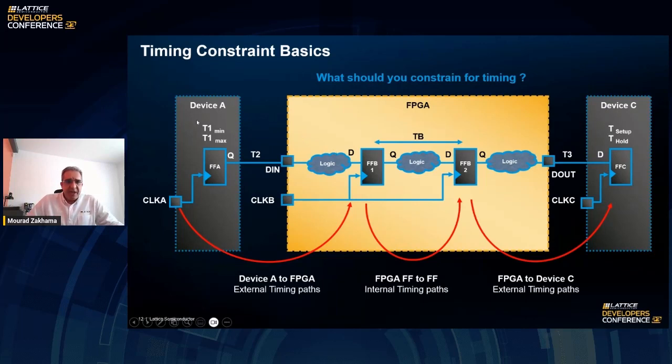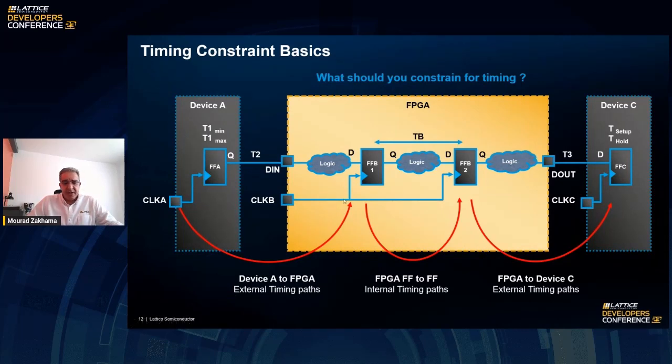In this case, we have a device A, an FPGA, and a device C. Device A will be driving some signals to the FPGA, and the FPGA will be driving some other outputs to device C. The different paths that need to be analyzed and constrained are all these paths. Device A to FPGA is an external timing path to the FPGA, but it needs to be constrained also.